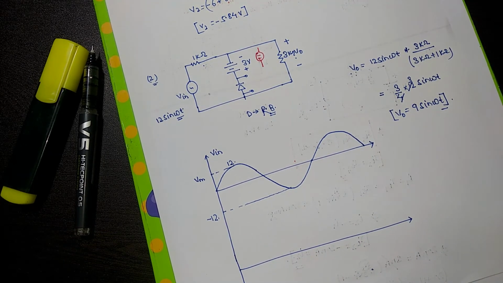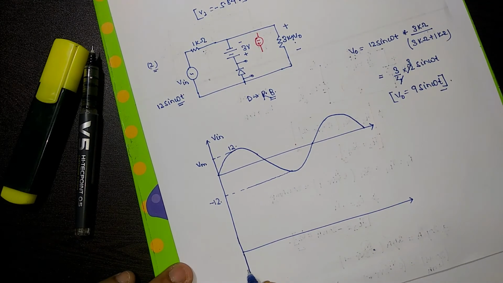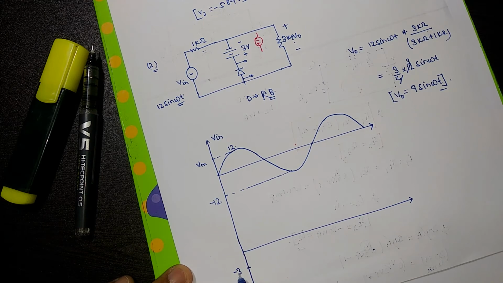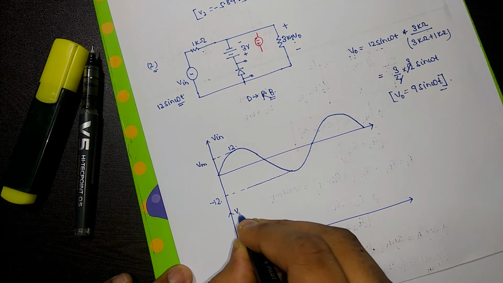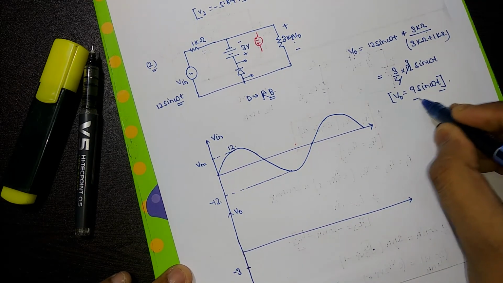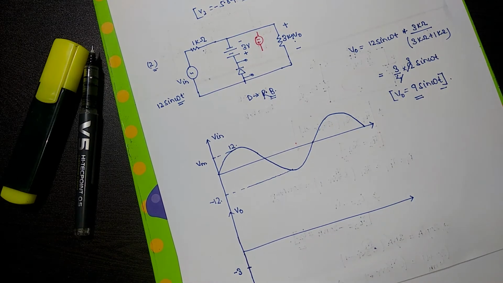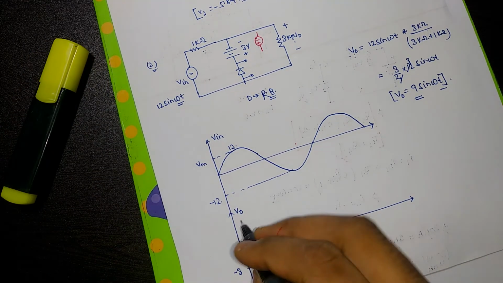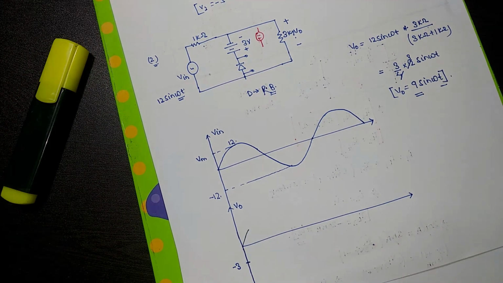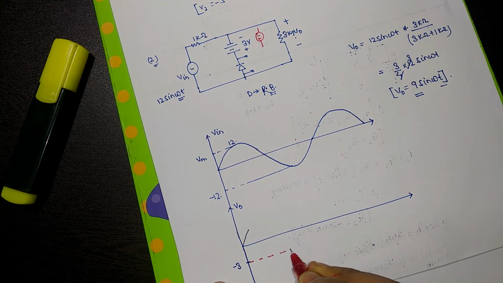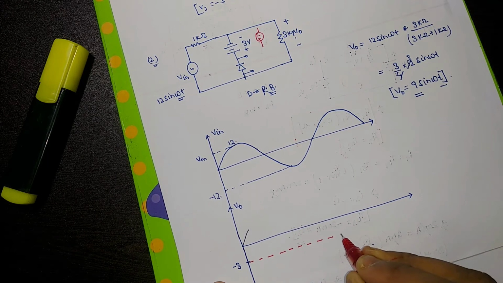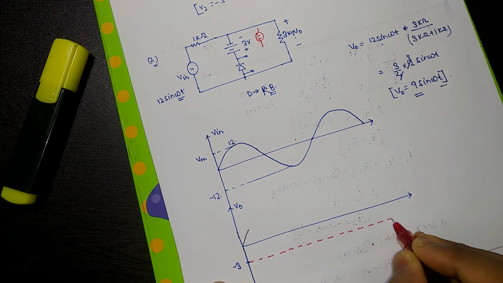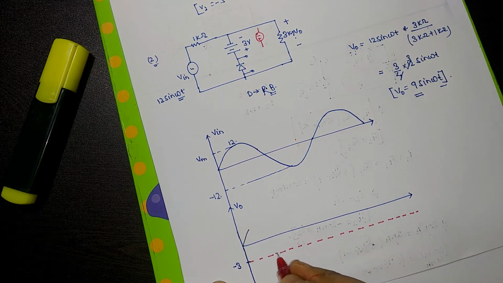Okay, so it will be like this. -3, I am considering here -3 volt V output. The output waveform is 9 sin omega t. Okay, so it will be like this. Let me first draw this clipped form. Like this, the voltage will slice down the output voltage. This battery biasing will slice down the waveform.